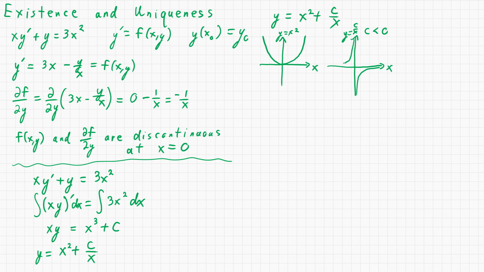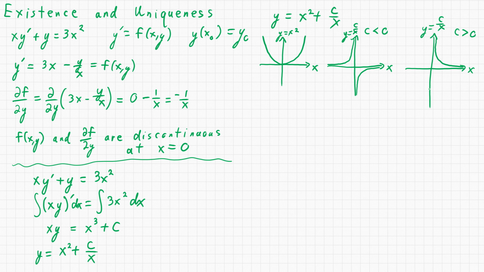Okay, that came out reasonably well. So that's the c less than 0 case, and then the c greater than 0 case is pretty similar, though reversed. So for c greater than 0, y equals c over x, and that'll look something like this.